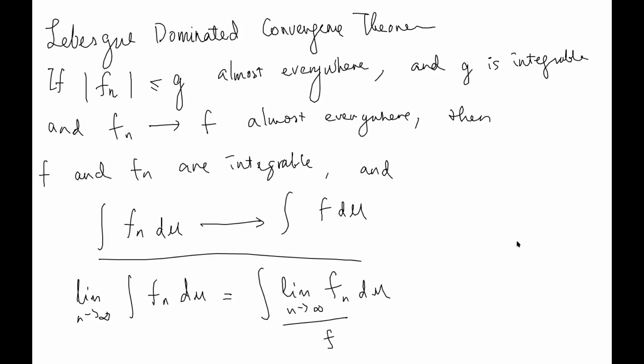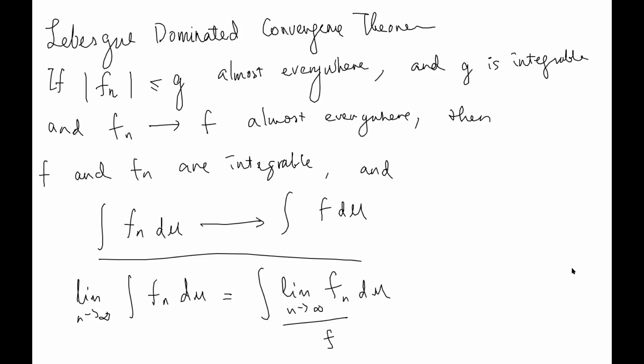But the previous one that you studied was you had to show uniform convergence of Fn. For this one, you just need to establish that the absolute value of Fn is bounded by some function that does not depend on n.